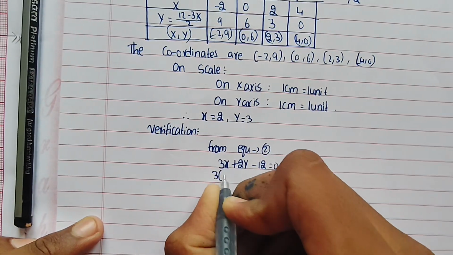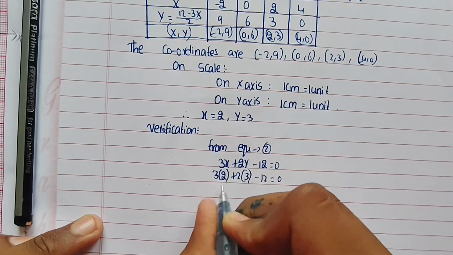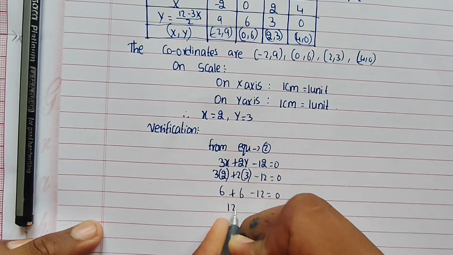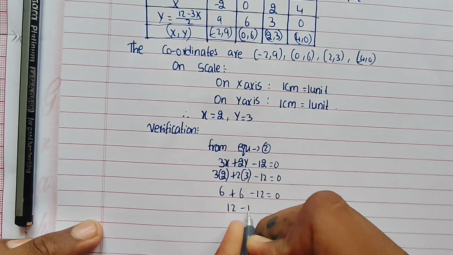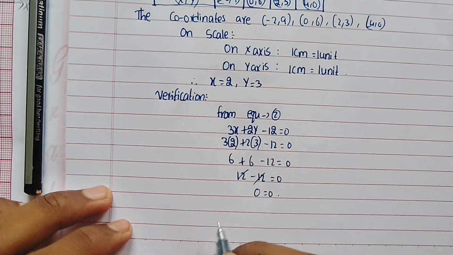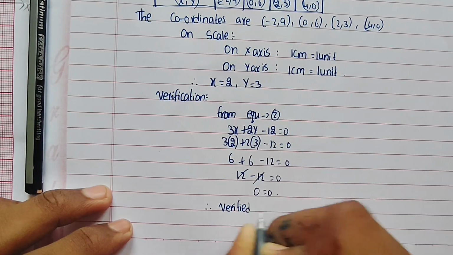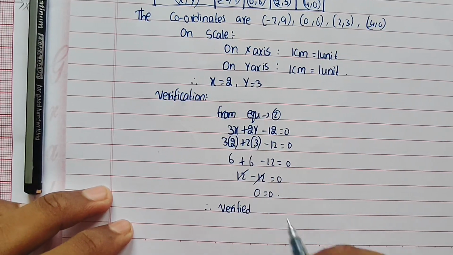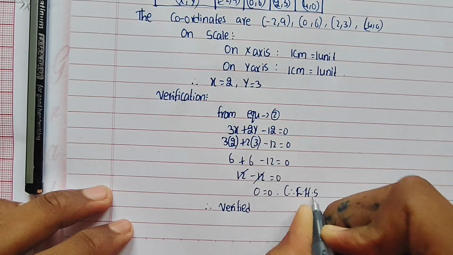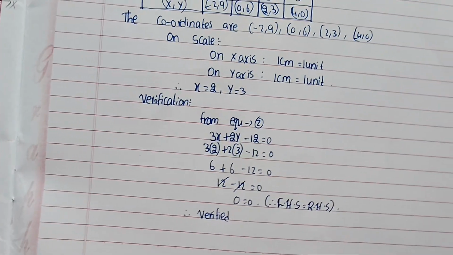So 3 into 2 plus 2 into 3 minus 12 is equal to 0. 3 2s are 6 plus 2 3s are 6 minus 12 equals 0. 6 plus 6, 12, minus 12 equals 0. We got 0 is equal to 0. Therefore verified. Verified means we got 0 equals 0, which means LHS equals RHS. So we have completed this problem.